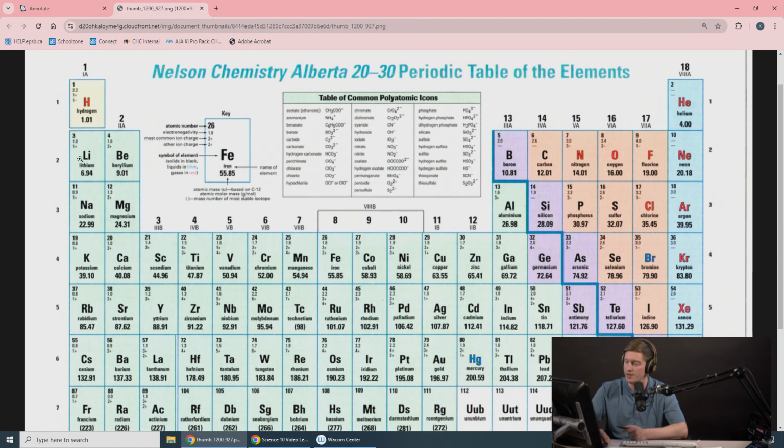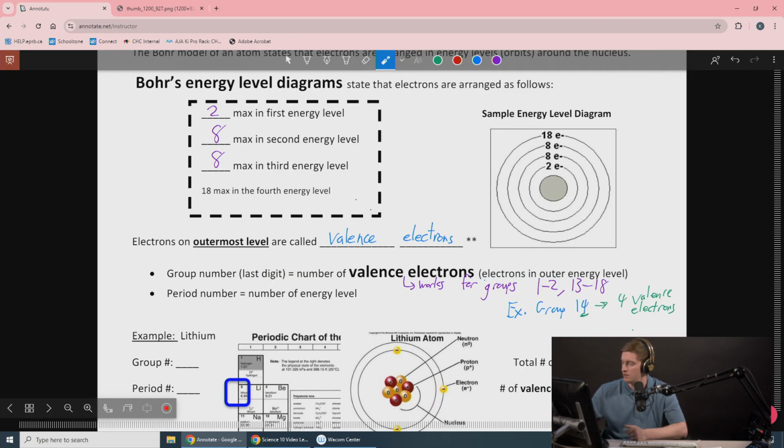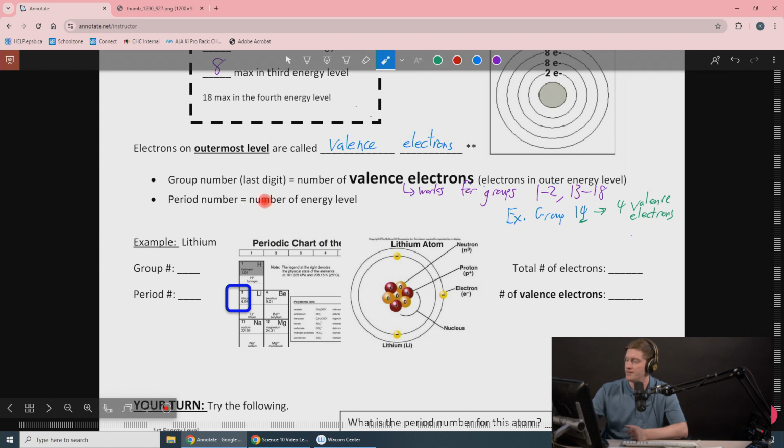Energy level 2 has 8 elements, lithium, beryllium, boron, carbon, nitrogen, oxygen, fluorine, neon. 8 elements in this row, and so it can hold 8 electrons in that shell. The period number is the number of energy levels that an atom has.